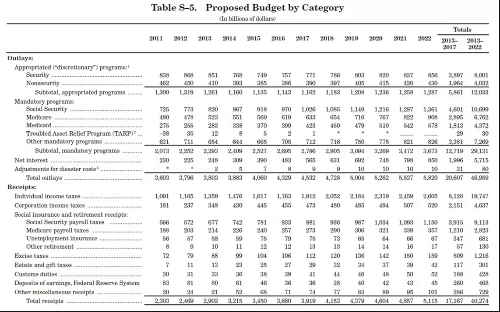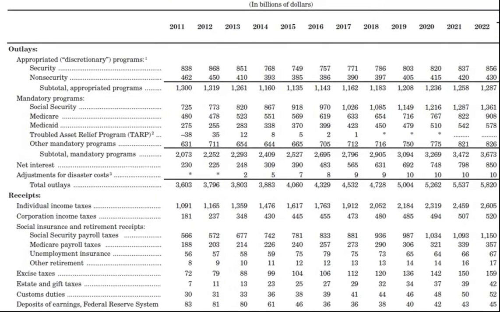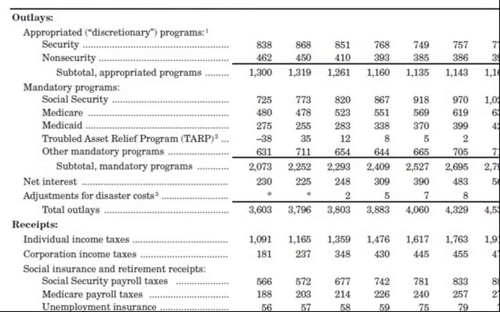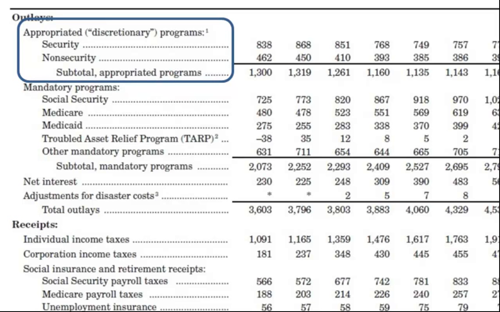What we want to do is focus on a couple of things. I know there's a lot of numbers here, so follow along with my highlights. We're first going to look at the two basic categories: outlays, which is what the government pays out, and receipts, which is what the government brings in, which is, of course, taxes. In outlays, they're broken down into three categories.